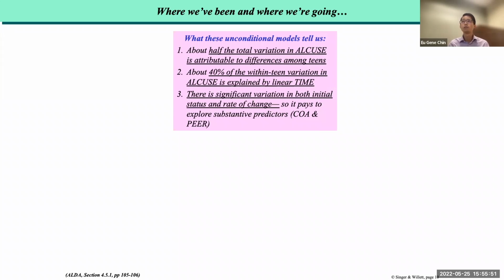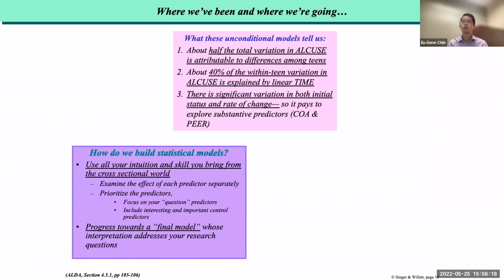And from the unconditional growth model, we found out that 40% of the within teen variation in alcohol use is explained by time. So basically all that is to say that it's worth exploring level 1 and level 2 predictors, although in the examples in this chapter, we'll mostly be exploring level 2 predictors, and in chapter 5, we'll start talking about including level 1 predictors.